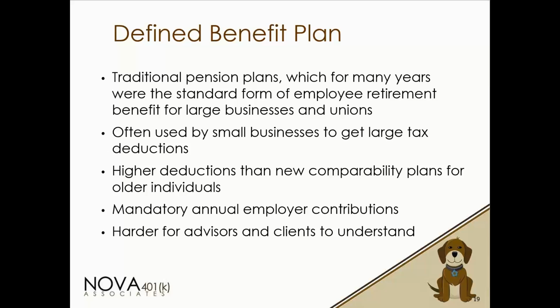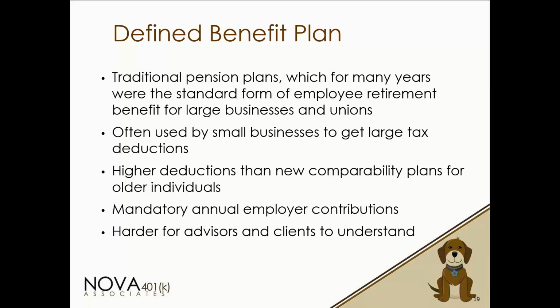A DB plan, and especially a traditional DB plan, and I'll explain what that is in a second, is much harder to explain, and harder for rank and file employees to understand. Oftentimes, owners can understand them, but rank and file is a little more difficult.